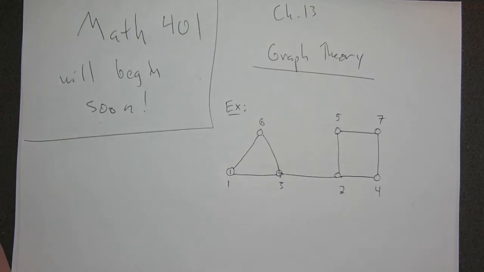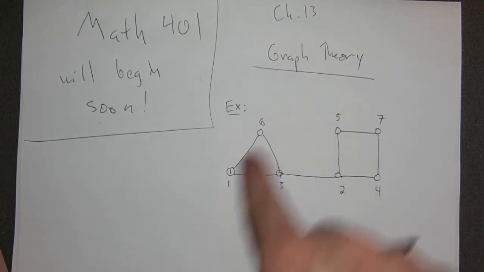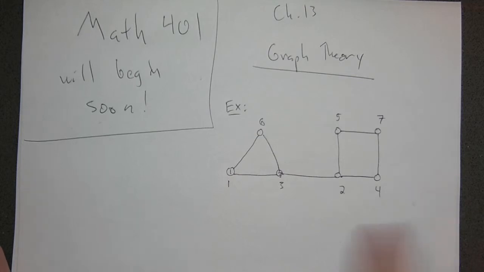Okay, so a vertex is a point and an edge is a one-dimensional connector here. So this is an example of a graph. Graph theory is the study of things like this. Now, there's a lot of forms that a graph can come in. This is a particularly nice example called a simple connected graph.